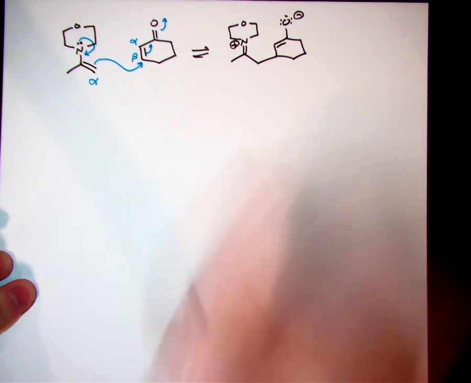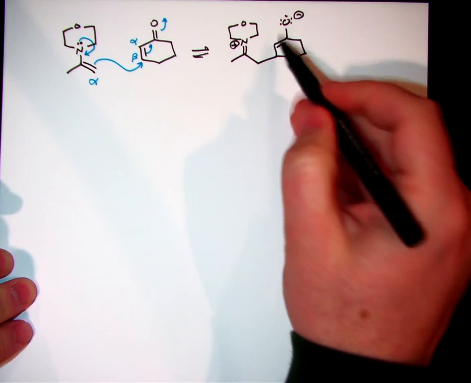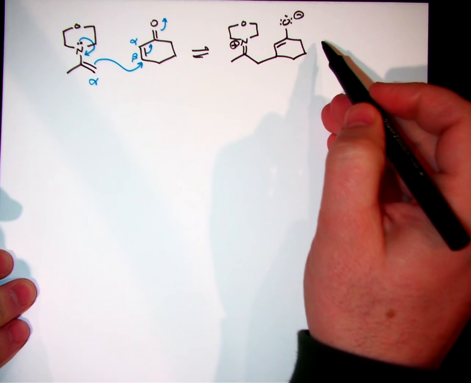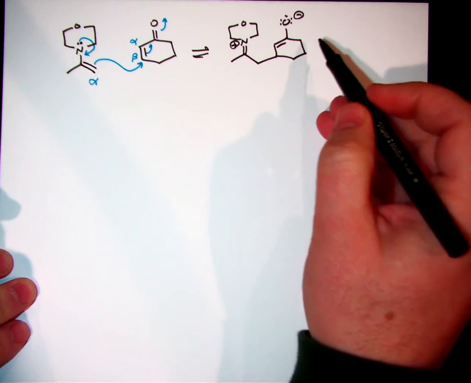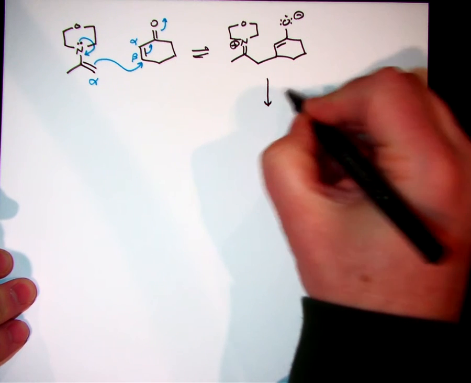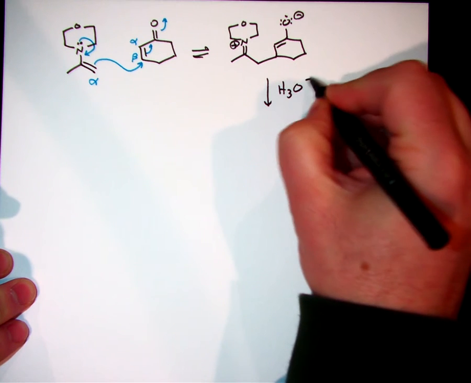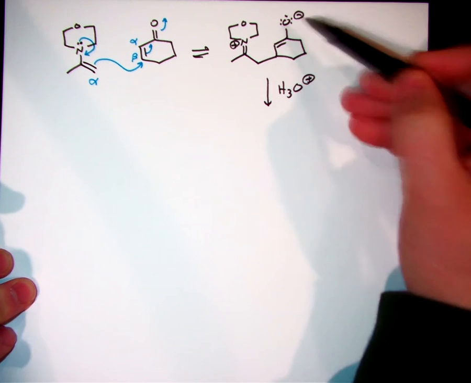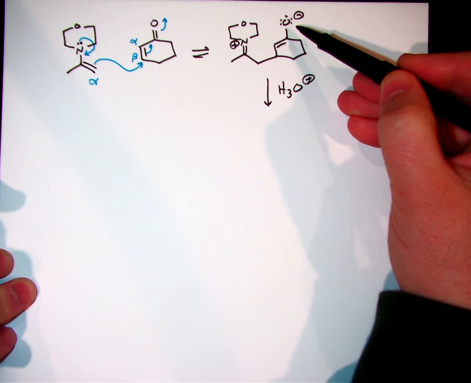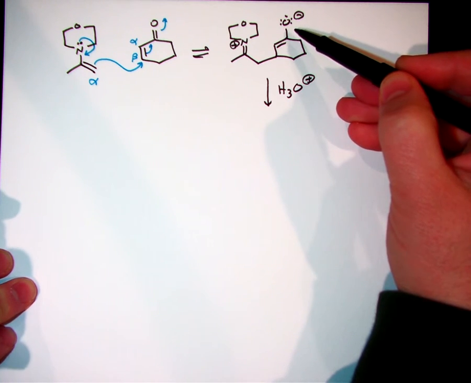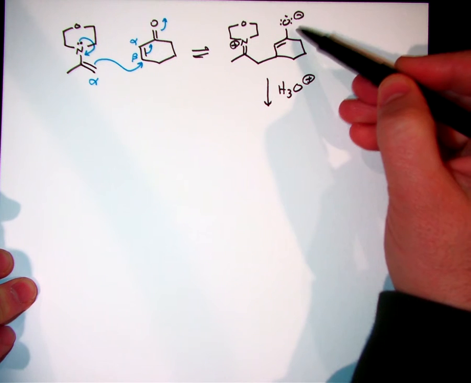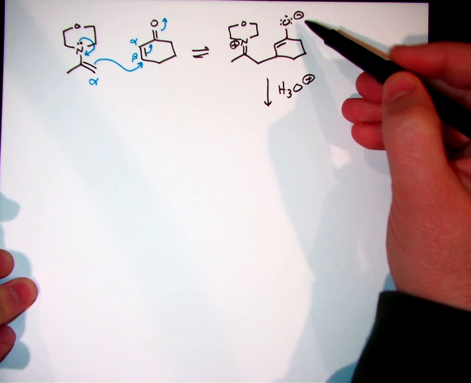Now, if we had given some kind of a solvent, we could be protonating this to get us back to the ketone. Usually these reactions are worked up by treating them with aqueous acid. Now, the aqueous acid can be used to protonate our enolate and also can tautomerize the resulting enol to a ketone.